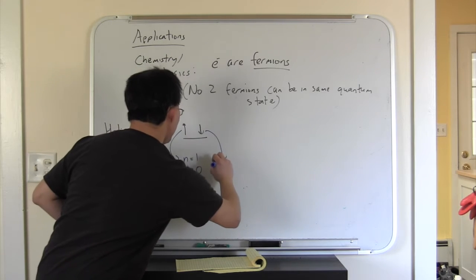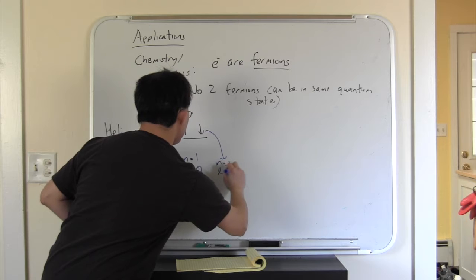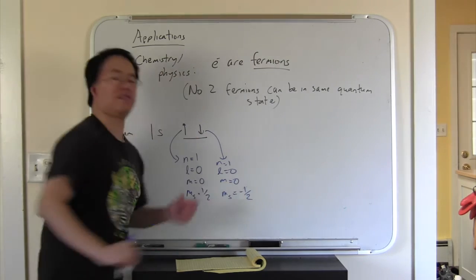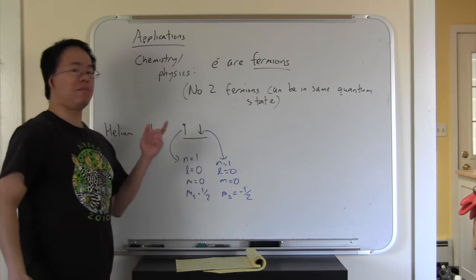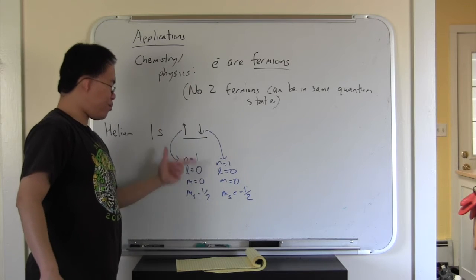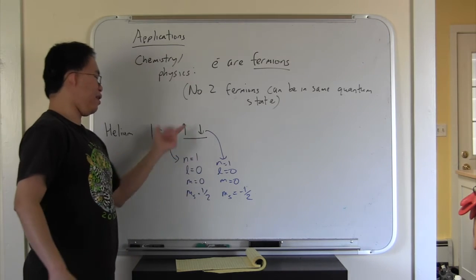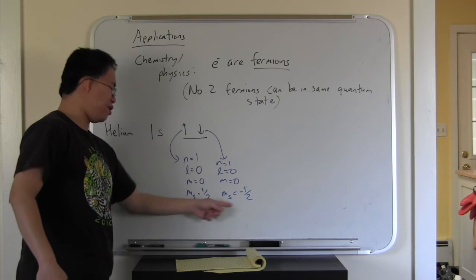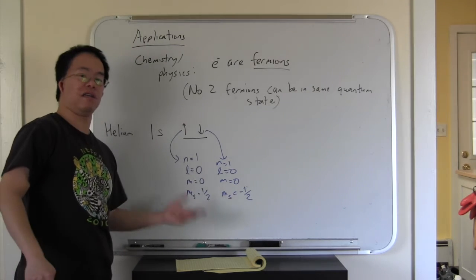And then this one has n equals 1, L equals 0, and then ms equals minus 1/2. So it's the Pauli exclusion principle that requires my electrons to have a different quantum state, because their sets of quantum numbers in their entirety are different.